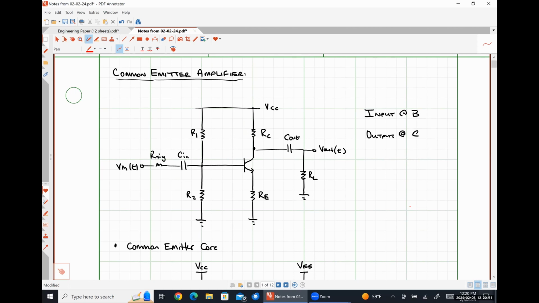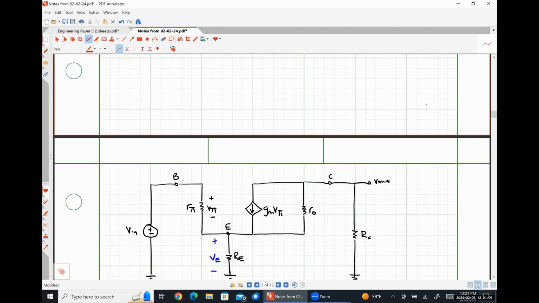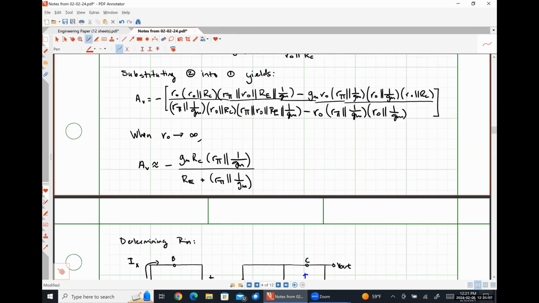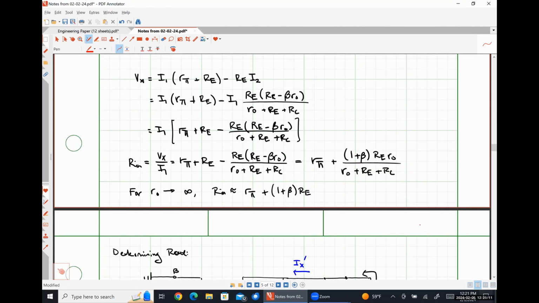For the MOSFET, that resistor is called RD. That's it. Then in the very last one, that's all R out prime. R out prime is RD.